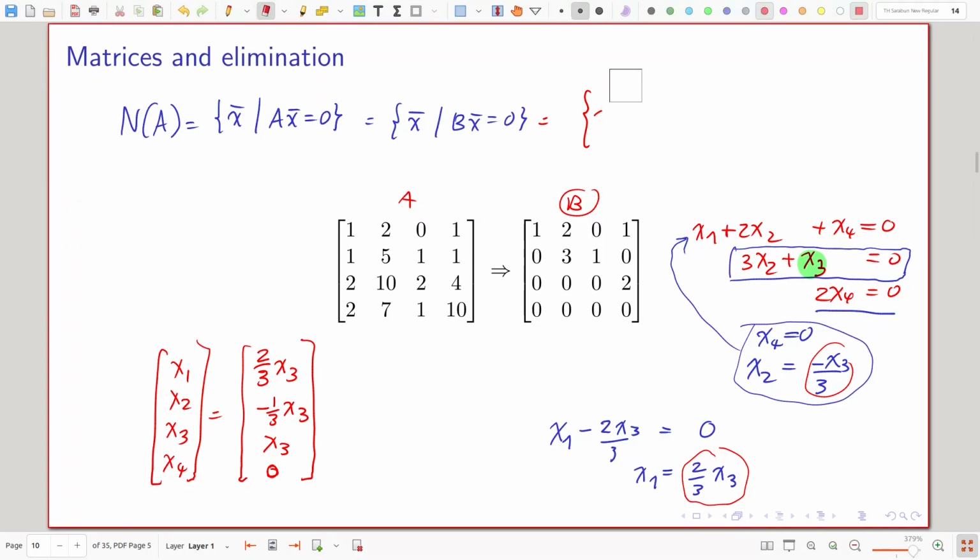You can just throw away x3 and put it as alpha: alpha times (2/3, minus 1/3, 1, 0), for alpha in the reals. So what's the dimension of this space? It's a line. What's the dimension of a line? 1. So the null space of A and the null space of B is a line, and the dimension of that is 1.